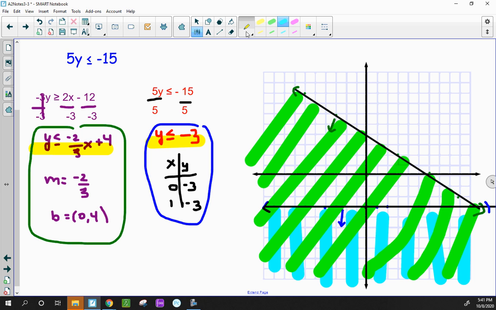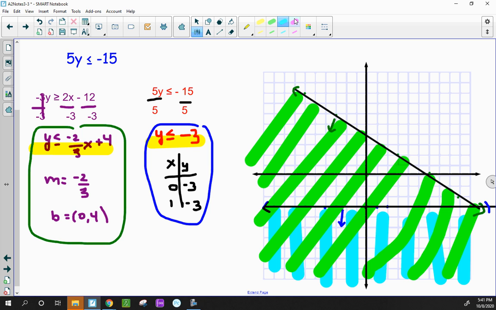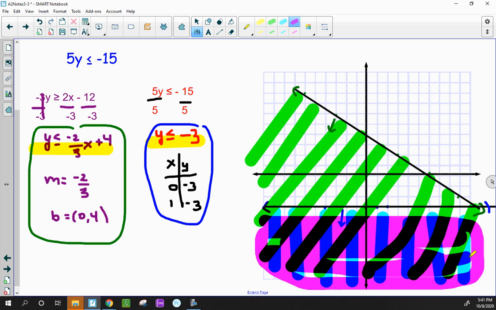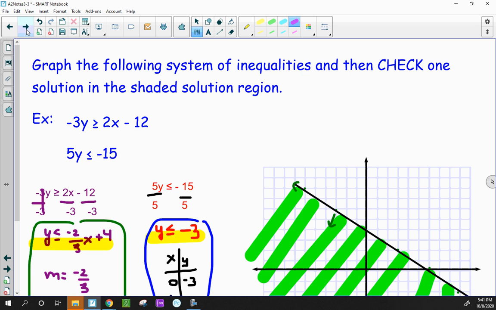And then again, we're looking for what these two graphs have in common, and that would be the region that's shaded twice. Again, that's called the feasible region, and it would be this section here. So I would like you, especially if you're not using color, to make sure that you're darkening that section in. Like on the last one, right here, this would have been the final answer. If you're just using pencil, darken it in so I can tell.